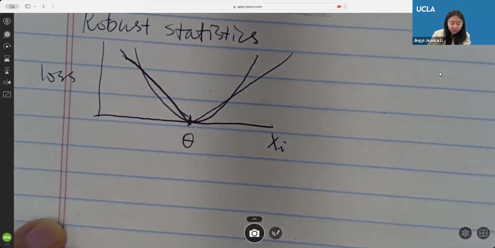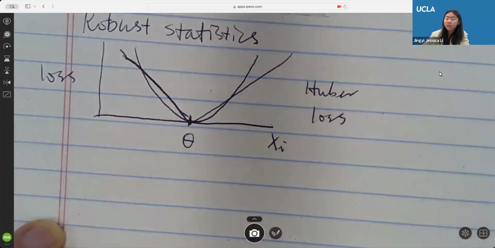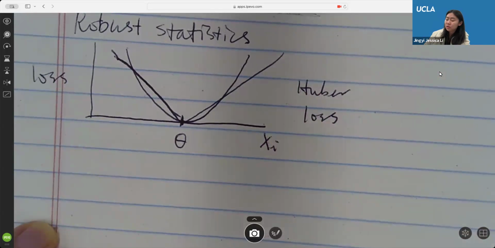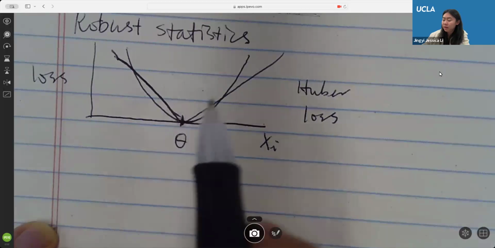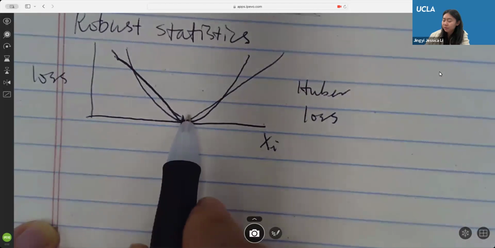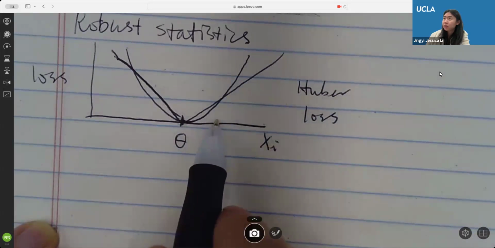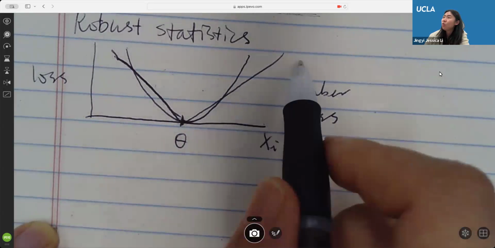Then someone called Huber proposed the Huber loss, which bridges the two. They try to obtain smoothness close to the true value, because otherwise the L1 loss is not differentiable. They try to keep the differentiability of the L2 loss, but make the influence of outliers less, like the L1 loss.